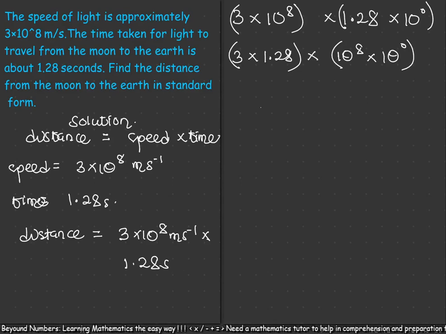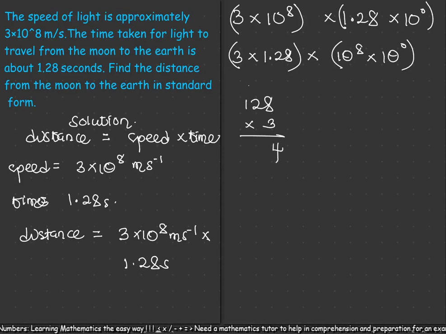If you want to multiply with decimals, you work assuming there is no decimal. That is 128 times 3. 3 times 8 gives me 24, so I write my 4 and carry 2. 3 times 2 is 6, plus my 2 here gives me 8. Then I have 3 times your 1, giving you 3.